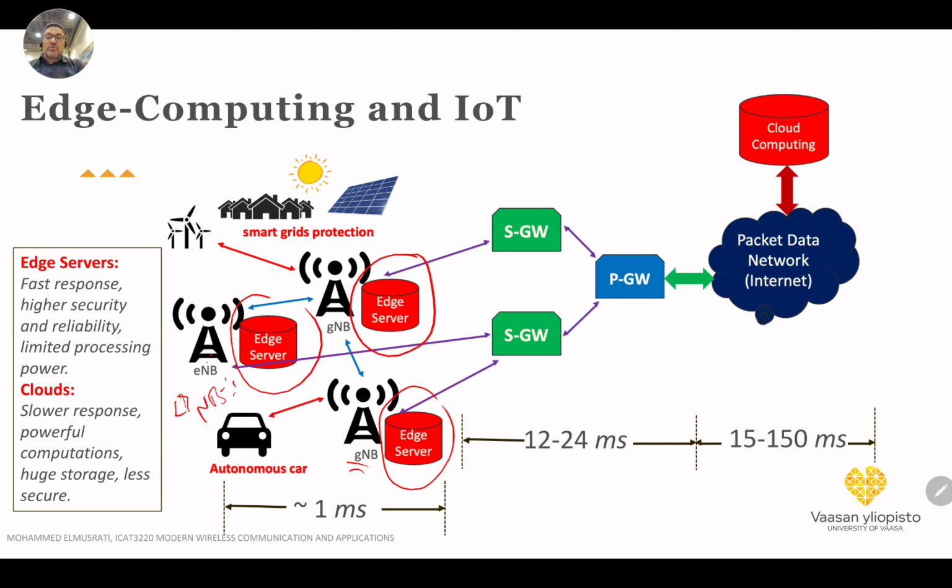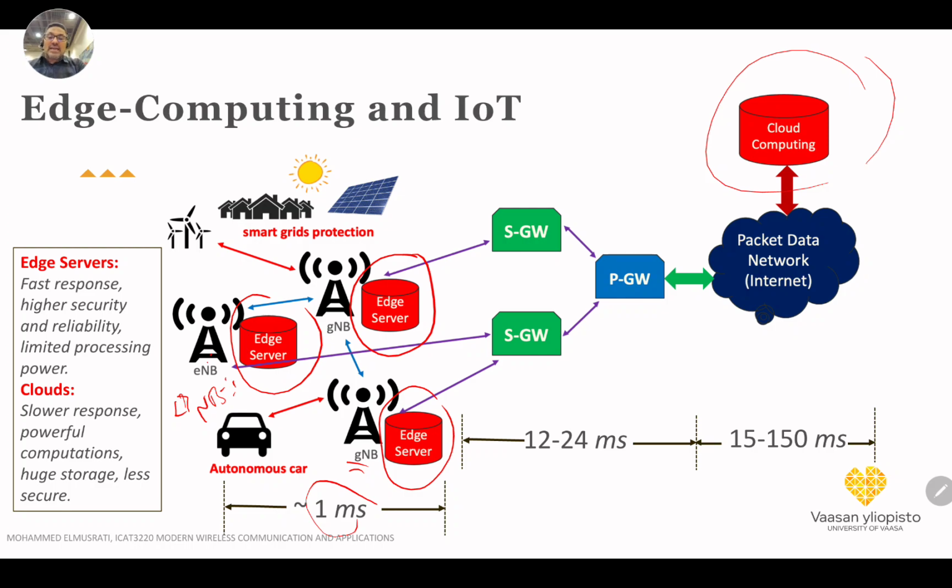For example, if we have an autonomous car for traffic safety, then we don't need to take this up to the cloud. It can be a very long time. So now we can have the response within only 1 millisecond, processed locally at the node B. This is called edge computing.